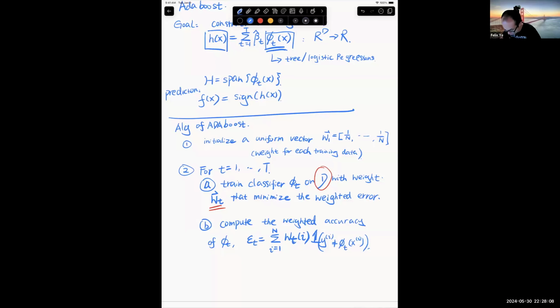So basically, this is the weighted error.